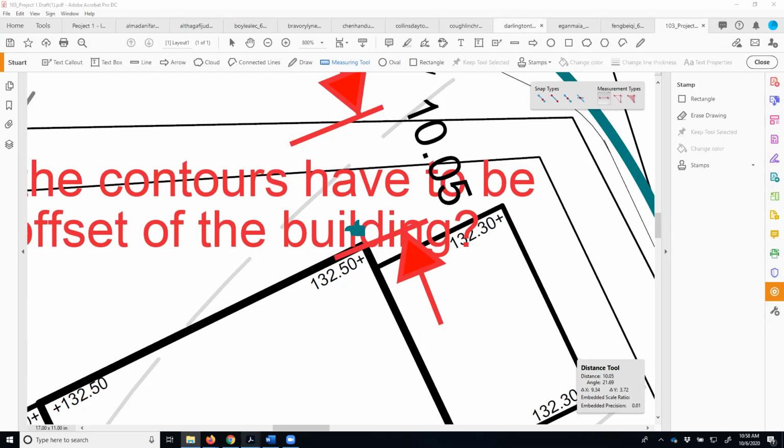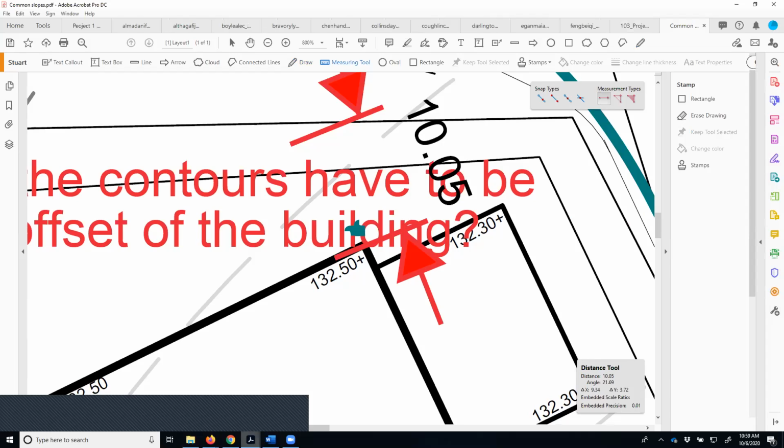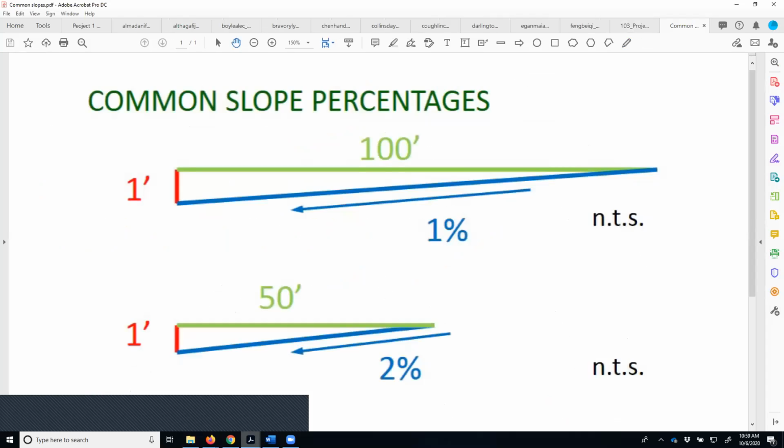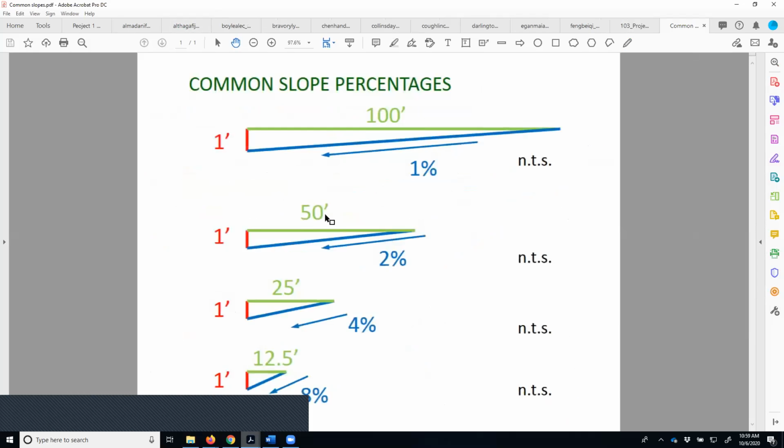I'm looking on another drive, and I know we had them in the lecture, for example, and that would be an easy place to look them up. I'm trying to find a, well, we'll just use this one for common slopes. So here you see some common slope percentages coming up. That is coming up on your screen, correct?